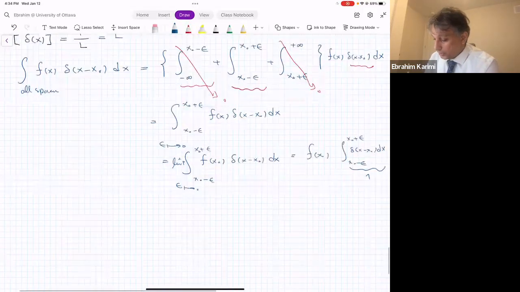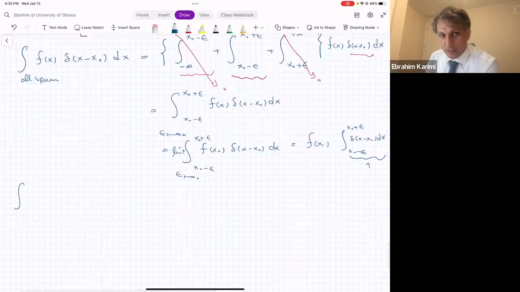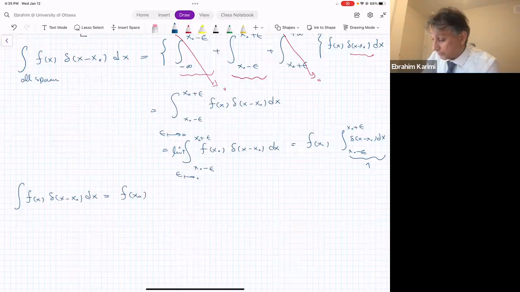So we came to the conclusion, and we actually used it for finding what's going on with the divergence of the electric field: the integral of f of x delta of x minus x0 dx is equal to f of x0.